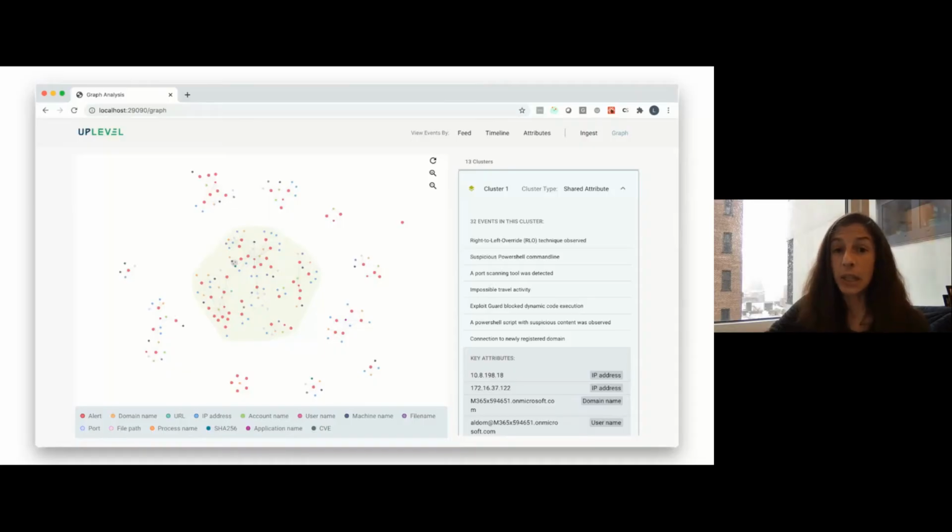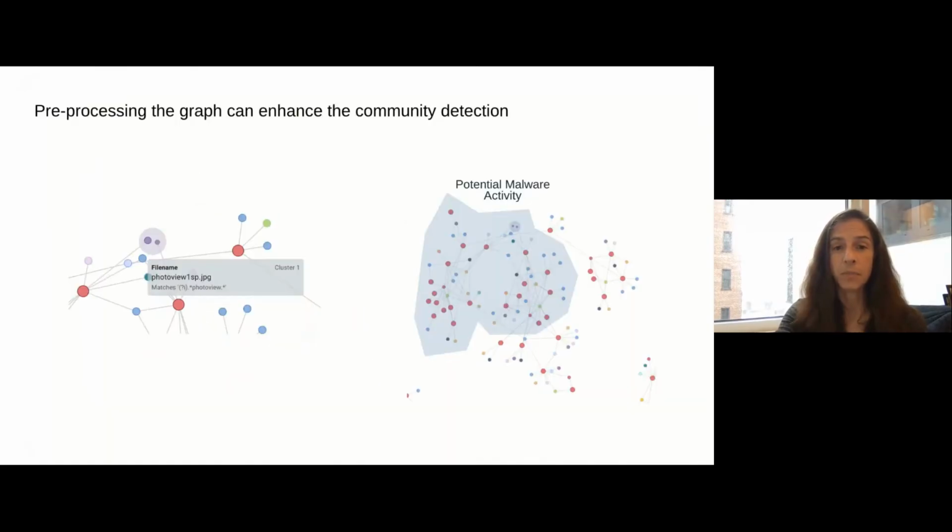Now, I want to go into a little bit more detail on our clustering approach, as it's not quite as straightforward as simply identifying groups that are all connected within the graph. We actually introduced some enhancements by pre-processing the graph prior to applying community detection algorithms. And I think this is a very common approach that you see in terms of applying such algorithms.